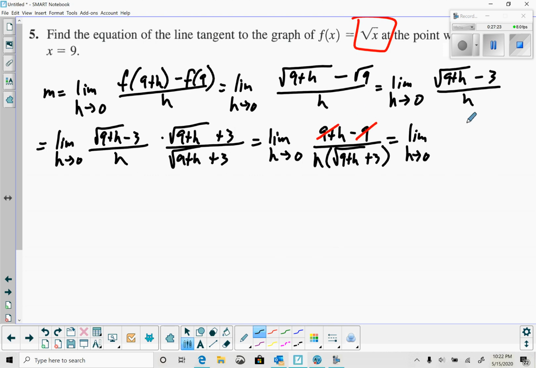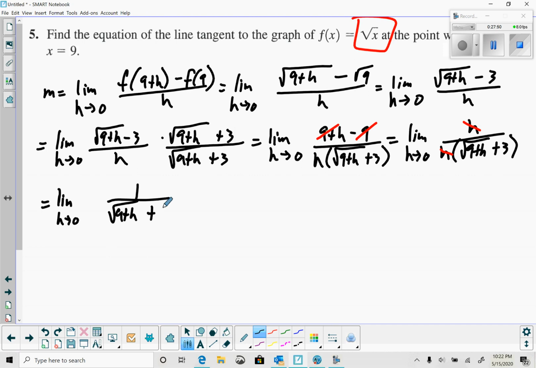Nine minus 9 gives me 0, so that's h over my not so pretty denominator, but it is useful because I can reduce. So now I'm looking at the limit as h approaches 0 of 1 over the square root of 9 plus h plus 3.